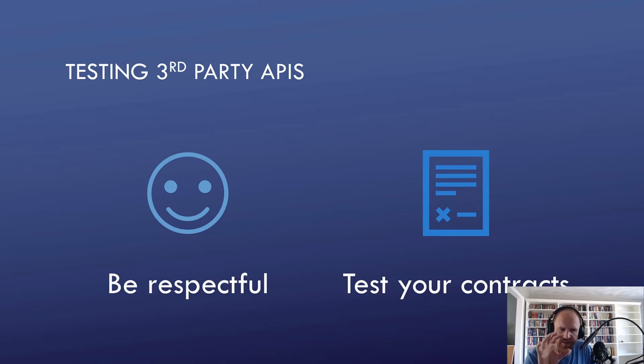And then I call this test your contracts. That's the idea of look at the things that you care about. So set up, okay, I need this API to give me this data in this circumstance. That's the information I care about, so set up a test that checks that. Create a contract that says, hey, when I send you this information, I need you to send me this, and test those things.